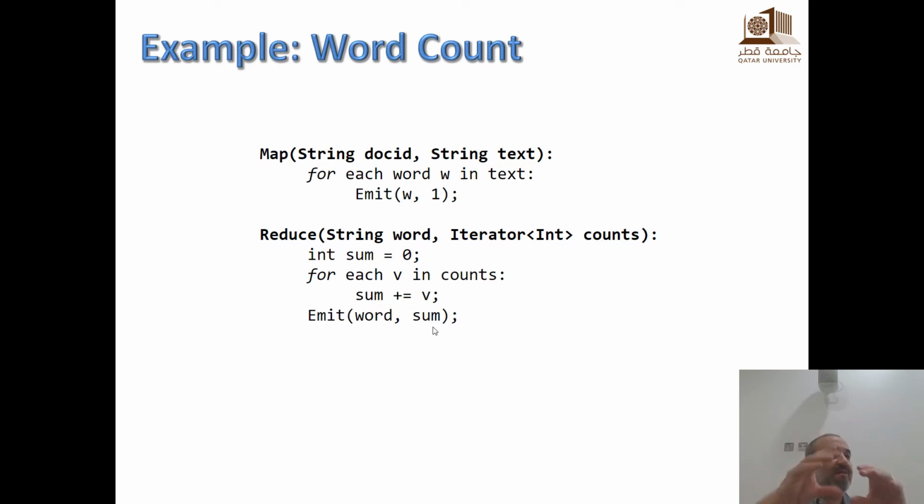So how many lines of code to do this? Very few. How much data will we process? We don't care. This will work on 2 documents as it will work on millions of documents or billions of documents. As programmers, we don't care.